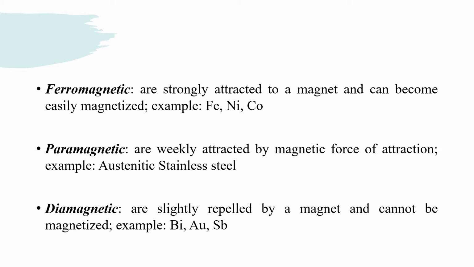An example is austenitic stainless steel. The next one is diamagnetic. Diamagnetic materials are slightly repelled by a magnet and cannot be magnetized. Examples: bismuth, and so on.